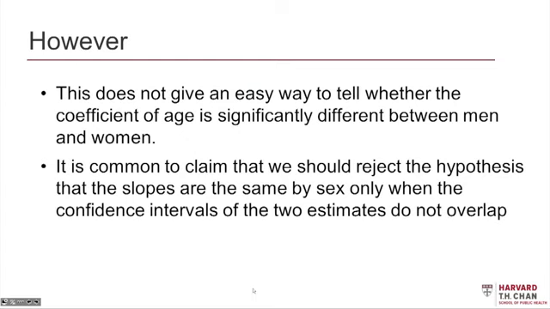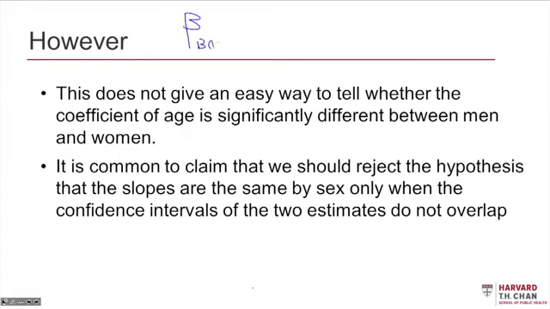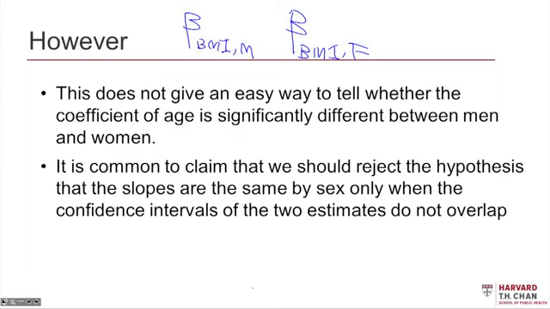So that's stratifying into 2 different data sets and analyzing them separately. Okay? But now I have beta BMI male, and I have beta BMI female, and I want to know, right, what's effect modification? Effect modification is that these are different.